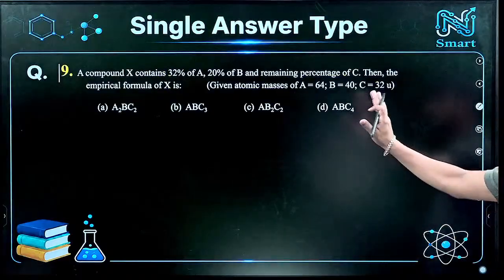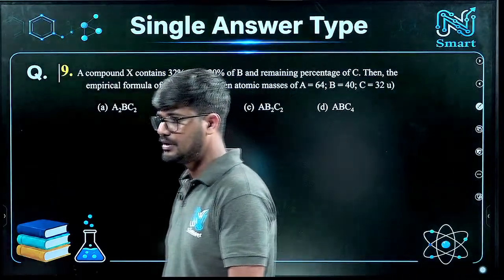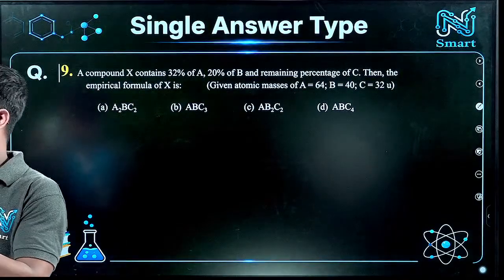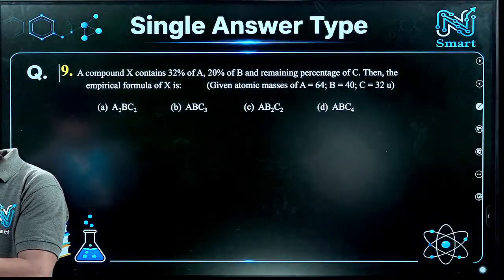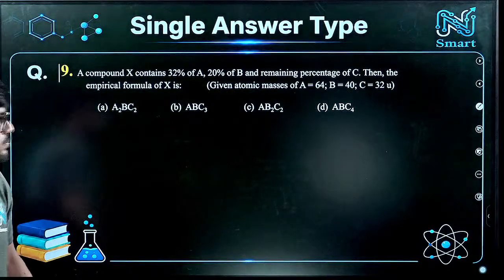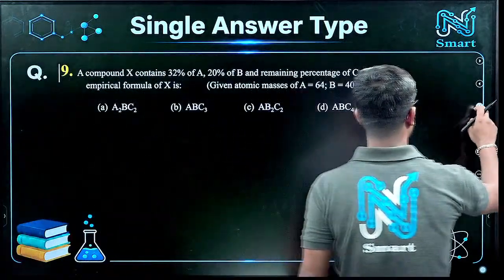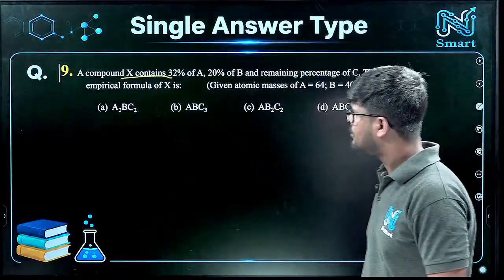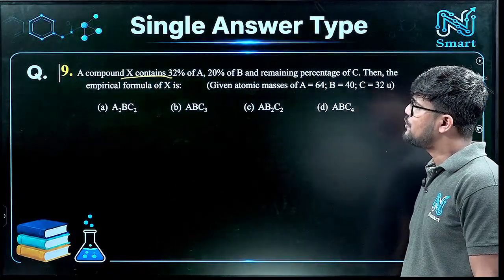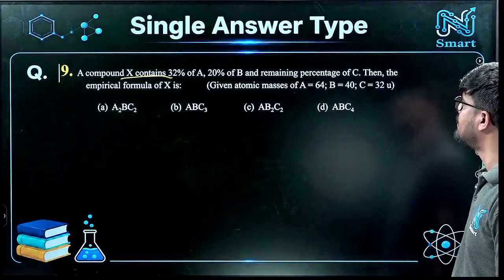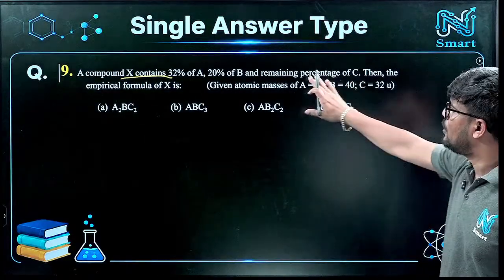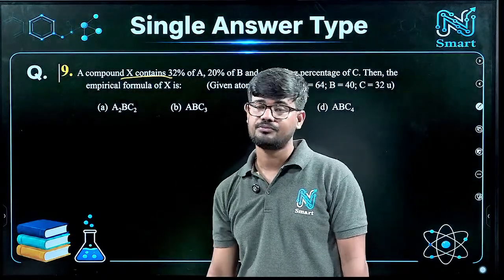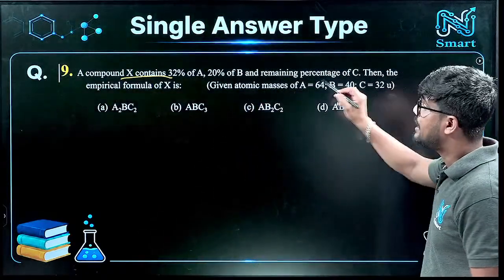Can you solve this question? Just try to solve. A compound X contains 32% of A, 20% of B, and the remaining percentage of C. Whenever we have this type of percentage, always consider it as mass ratio. Then they are asking for the empirical formula.